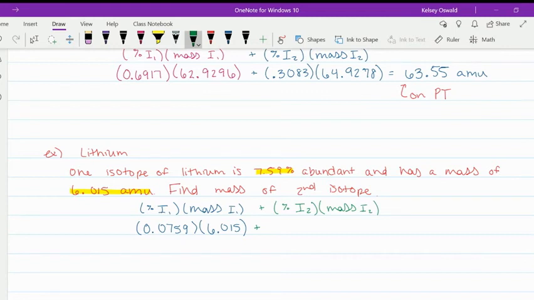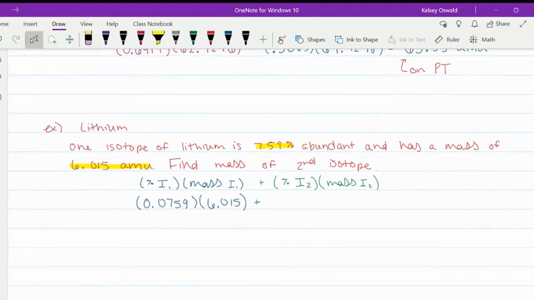In the problem, they don't directly tell us what percent of our lithiums are the second isotope. But we can figure it out because we know our percents always have to add up to 100. So if we did 100 minus 7.59, we would find that our second isotope needs to have a percent of abundance of 92.41%.